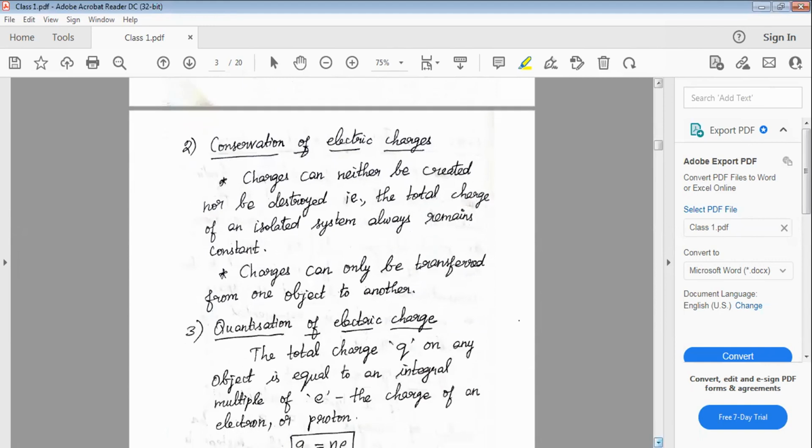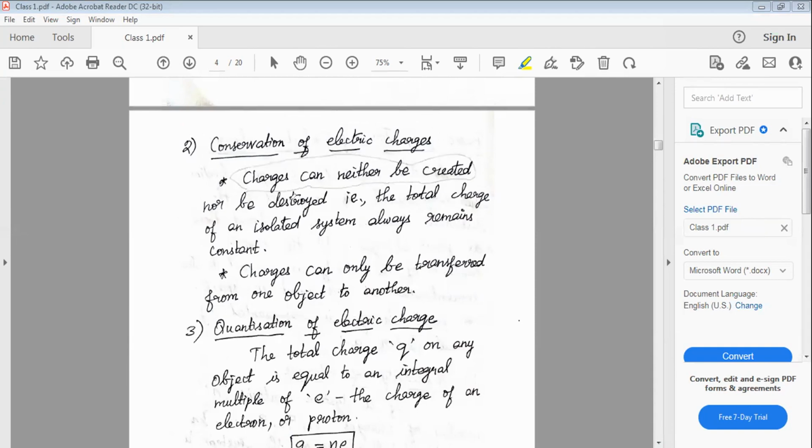The second property is conservation of electric charges, which is a very simple property. I hope you have all studied the conservation of energy: energy can neither be created nor destroyed. Like that, conservation of charges means you cannot create a charge or destroy a charge.